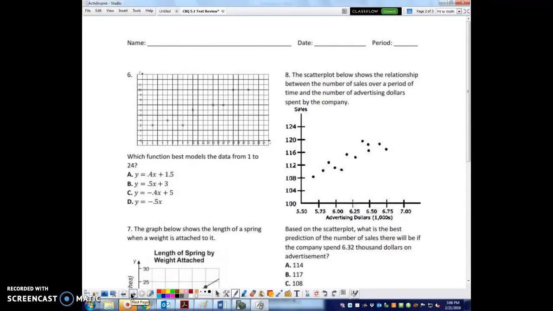Number 6, which function best models the data from 1 to 24? Now, what you could do is write out all these points and put them in stat. So, over 2, up 3. Over 5, up 4. Over 8, up 3. Over 10, up 4.